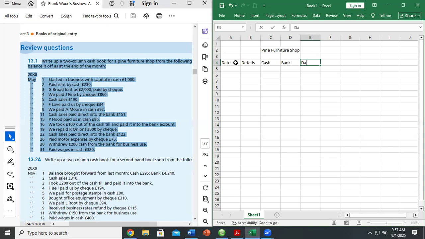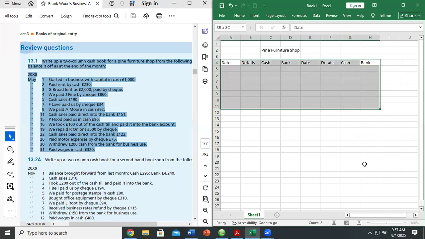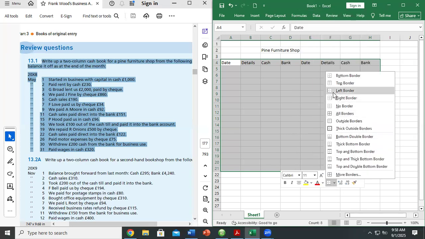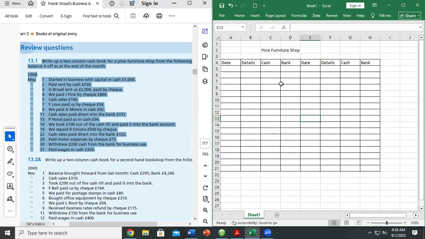Date, details, cash, and bank. There we have it. You rule your lines. And I want to believe professors can rule the lines without any stress. Okay. So there we have it.